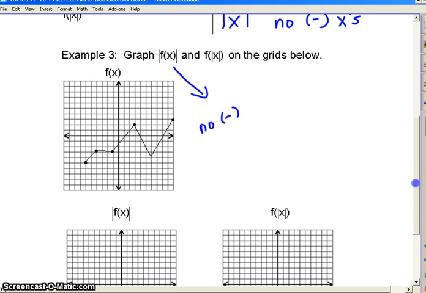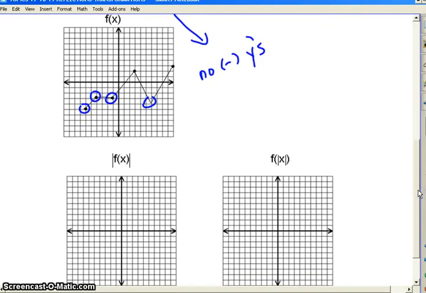No negative what? No negative y's. So look how many y's are negative. All of these points down here are negative, aren't they? They all have to go up. Everything that was already above x stays above x. Okay? So let's graph it.